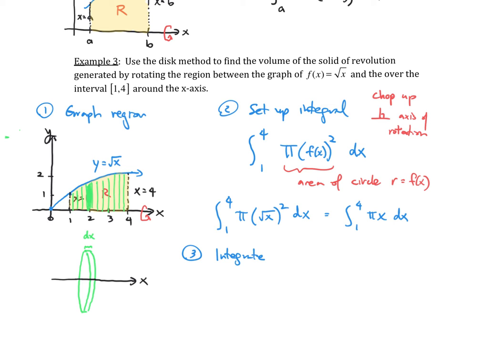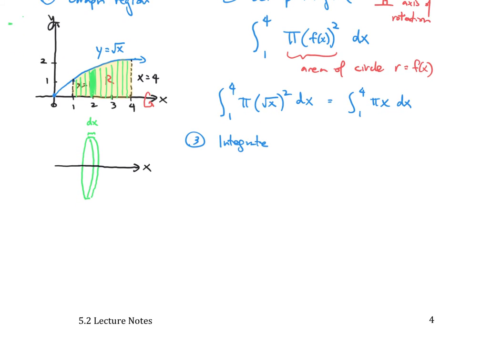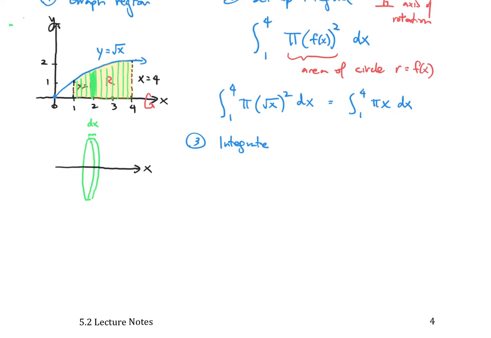So my integral is going to go from 1 to 4. I can factor that pi constant out. I'm going to have an x dx like this. Now I've got to calculate the antiderivative. That's going to give me pi. The antiderivative of x is x squared over 2. I'm going to evaluate that as we go from 1 to 4.